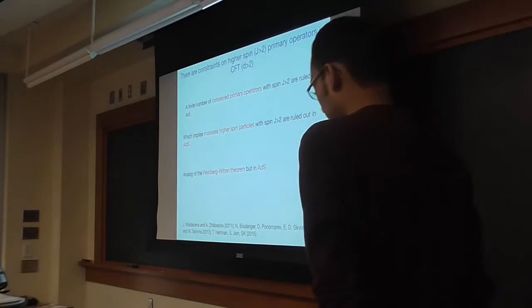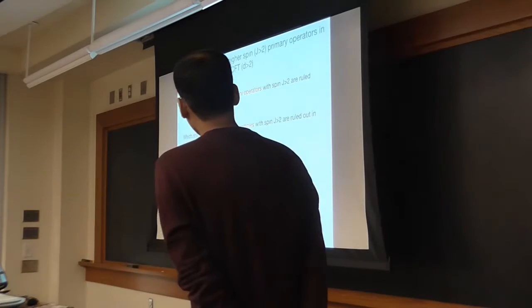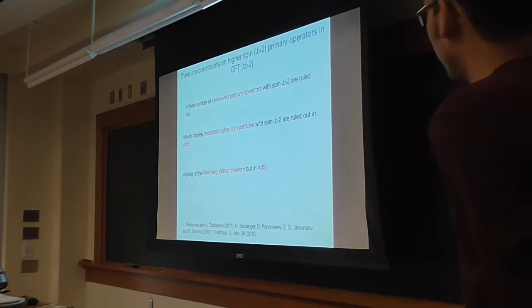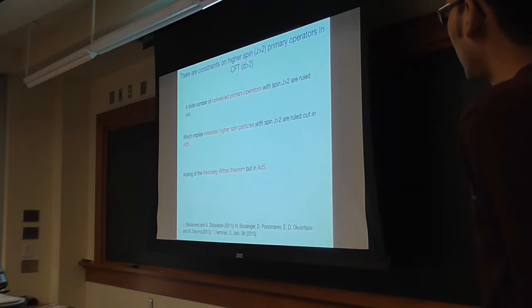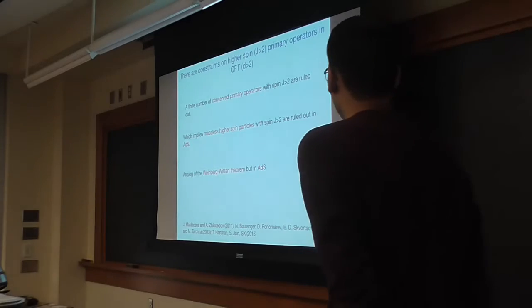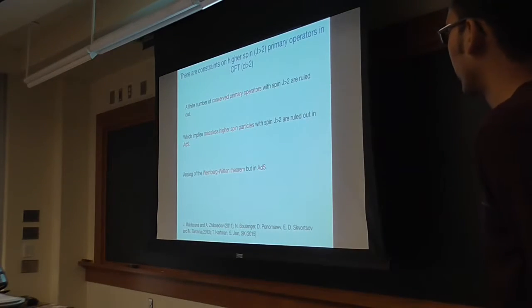So this theorem implies a finite number of massless higher spin particles with spin greater than 2 are ruled out in AdS, which is the analog of the Weinberg-Witten theorem, but in AdS.